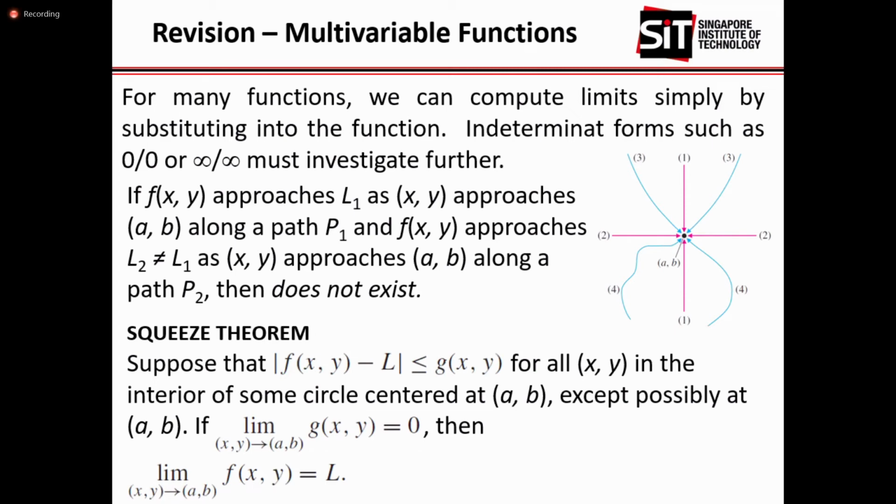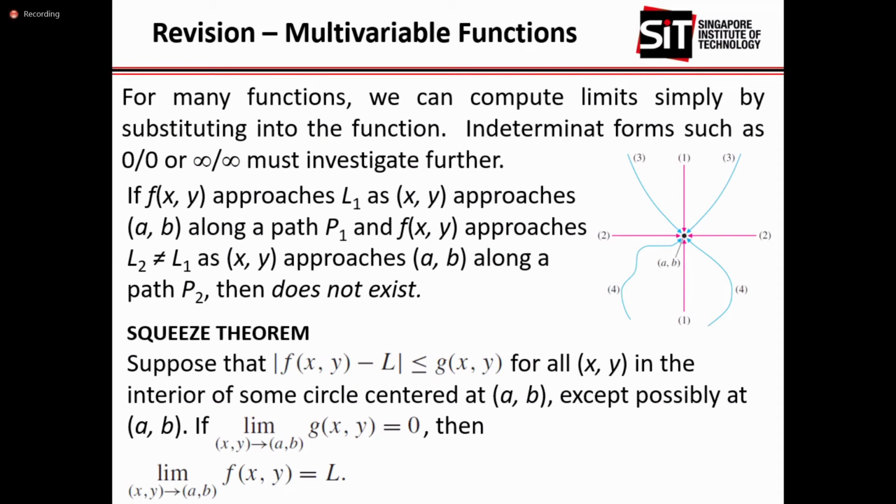So if we have an indeterminate form, that is, we do not know what happens to the function as the variables approach that pair of values a and b, we need to study the behavior of the function around that point.